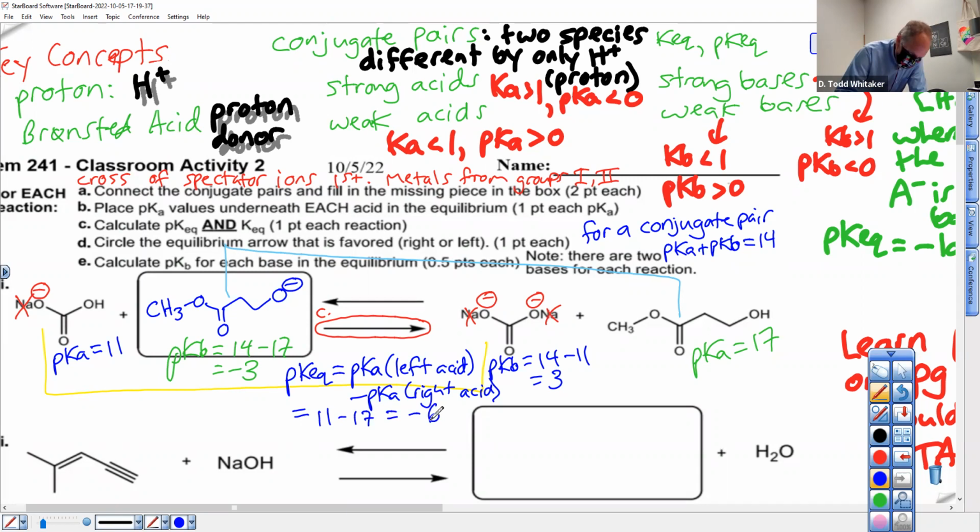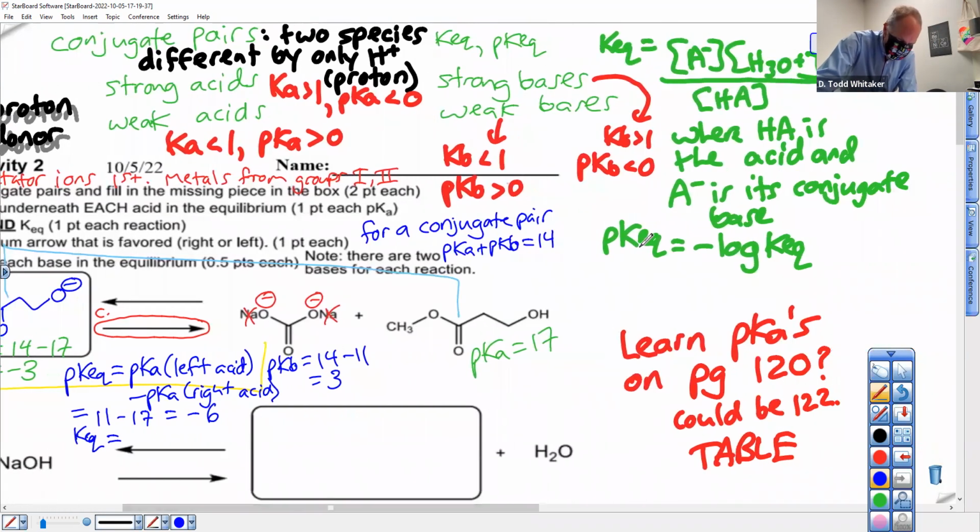Therefore, Keq, how do you undo? Any math whizzes out there? If pKeq is defined as the negative log of Keq, all you have to do is raise 10 to the power of both sides. 10 to the negative log just cancels, leaving Keq.